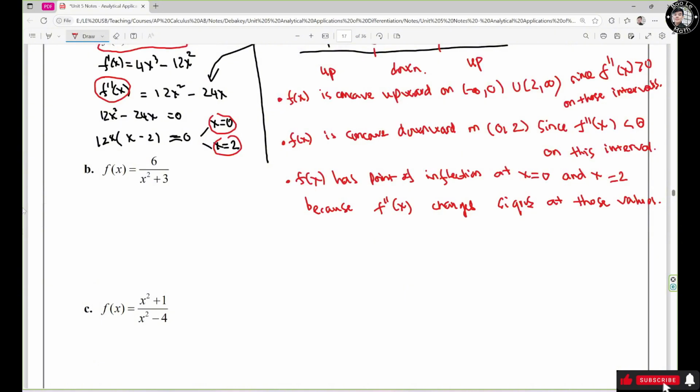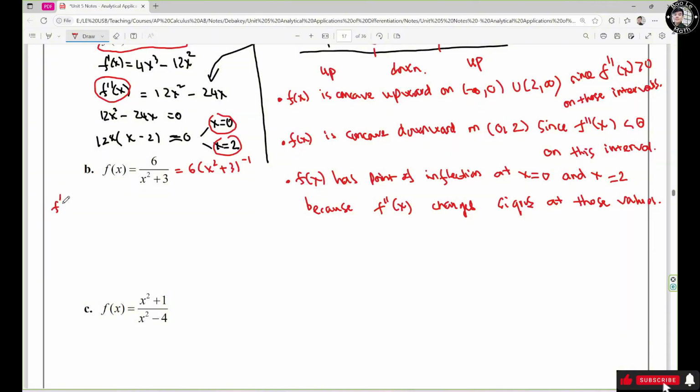Now let's move on to question B. f of x equals 6 over x squared plus 3. Now you do exactly the same thing. I need to rewrite f of x as 6 times (x squared plus 3) to the power of negative 1, so I'm going to use the power rule.